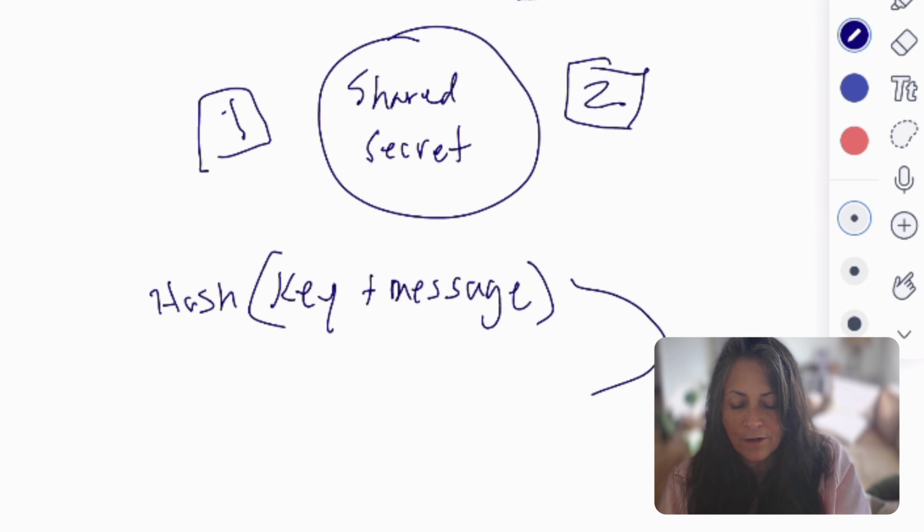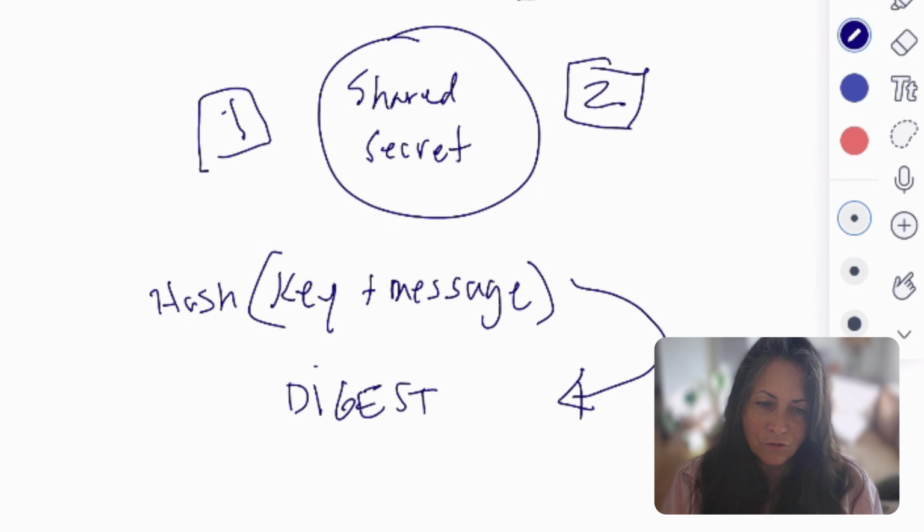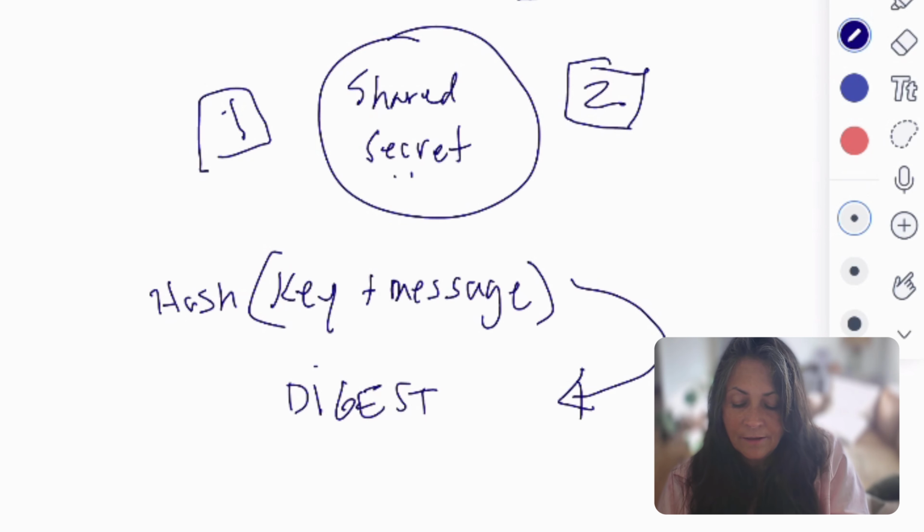The output of that is called a digest. In BKDS, I'll explain how these work together, because this shared secret becomes the key.